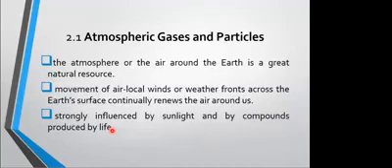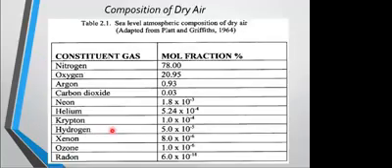Let me show you a table of the so-called dry air or dry atmosphere, which contains no water vapor. This table shows the sea level atmospheric composition of dry air.